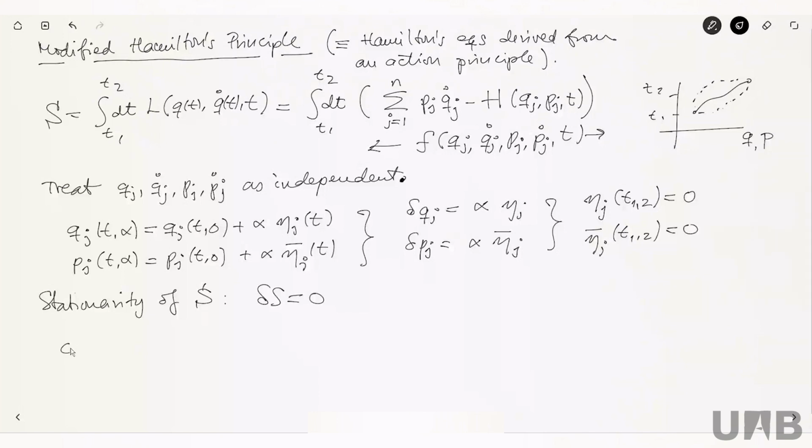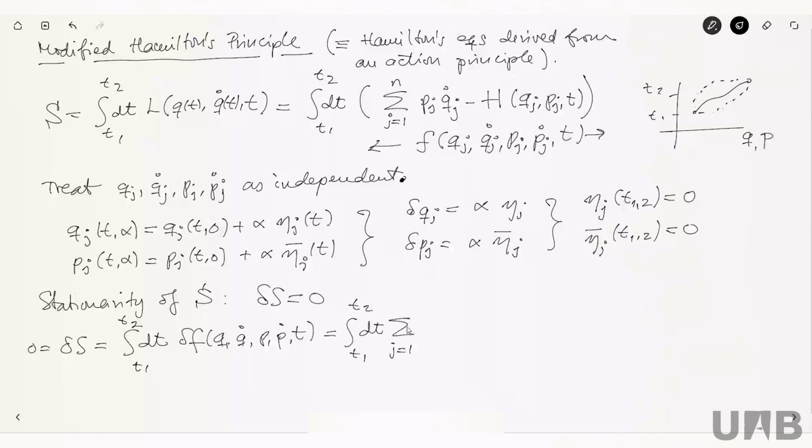So that means that delta S, which is going to be 0, is going to be the integral over t from t1 to t2 of delta f, my function f, of q dot, p dot, and t.